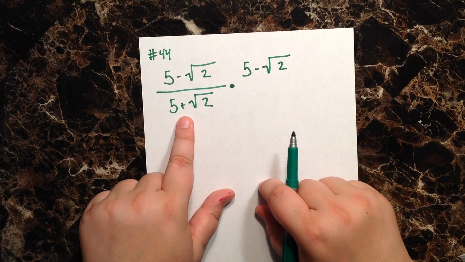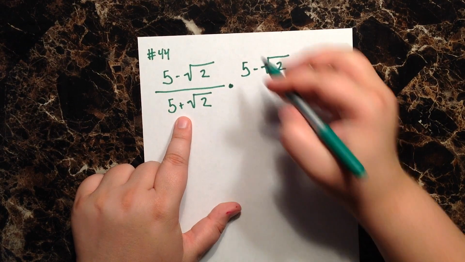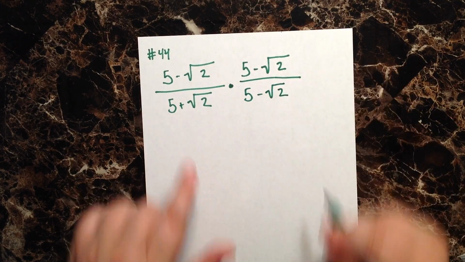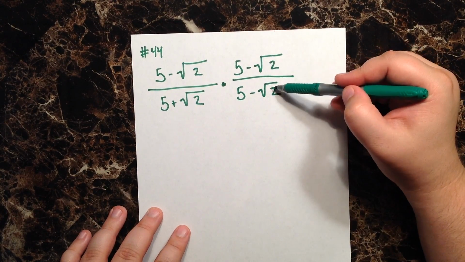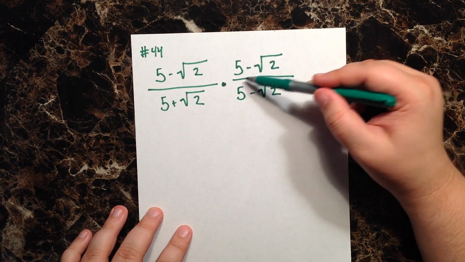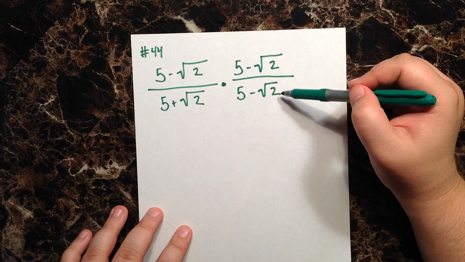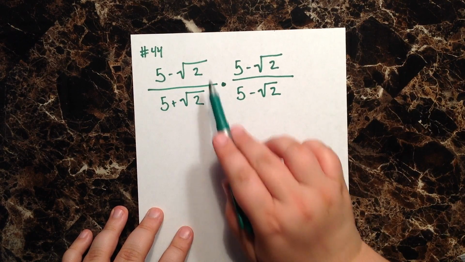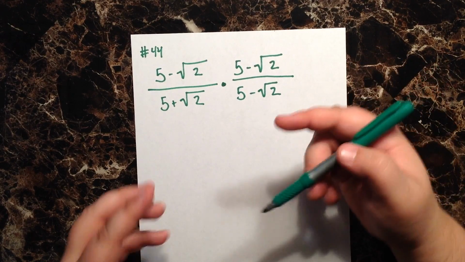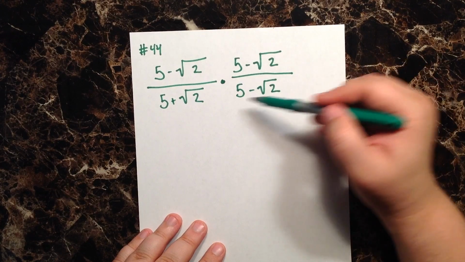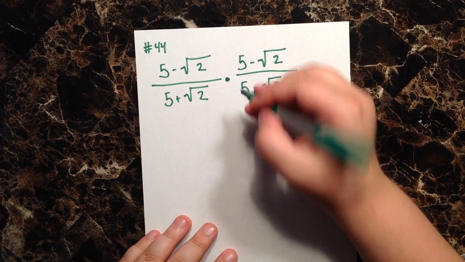So in order to get the conjugate, all we do is change the sign. And anything over itself is just 1, isn't it? So 5 minus radical 2 over 5 minus radical 2 is 1. And so we're multiplying our original fraction by 1, but it's a special form of 1, the conjugate of our denominator.